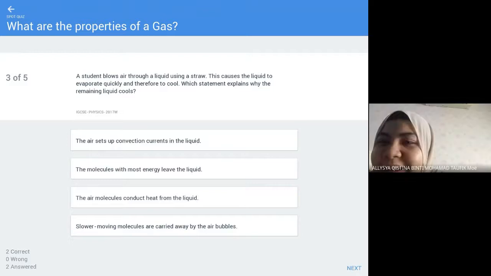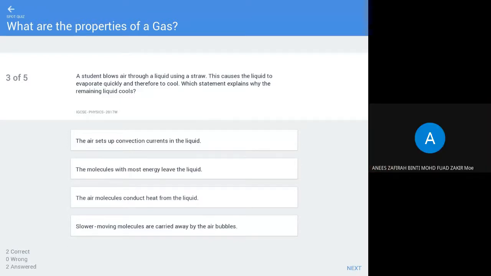Can I try? Okay, Alisha, what is your opinion? I think it's the molecules with most energy leave the liquid. I agree with Alisha. Can you explain?